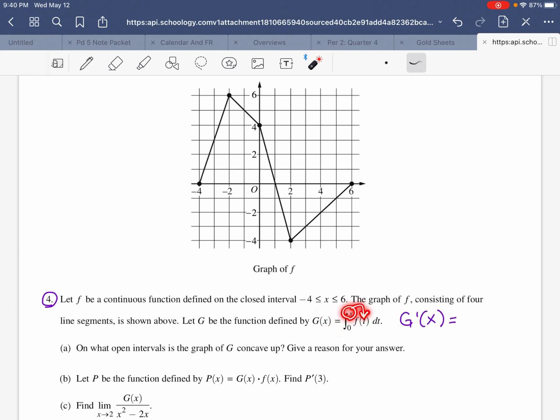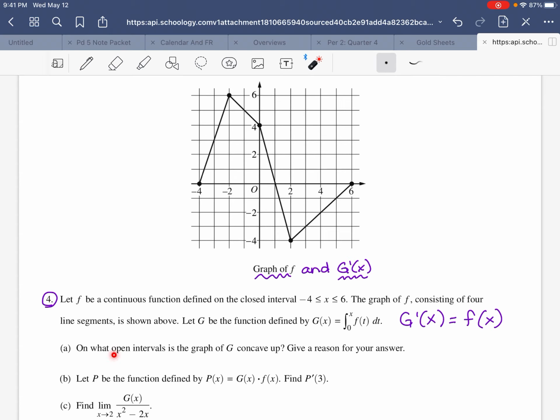They would cross off, and I would sub x in. So g prime of x is equal to f of x. So that means that this is the graph of f and the graph of g prime of x. So I'm going to keep that in mind as I answer the questions.